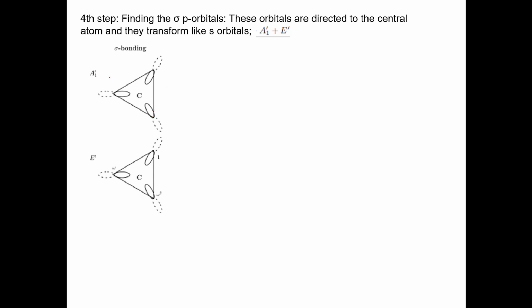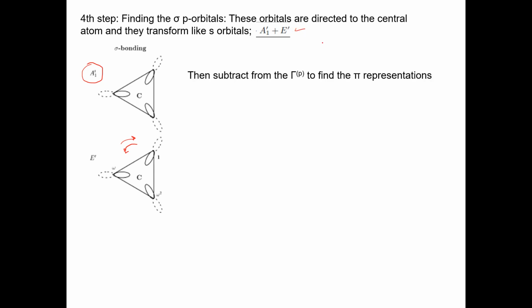So I can make a totally symmetric A1 prime combination by summing the three, and I can make two combinations with counterclockwise and clockwise rotation using the phase factors omega and omega square. And I hope you notice that this has to be exactly the same as the S combination. So this is the S combination, A1 prime plus E prime. Okay.